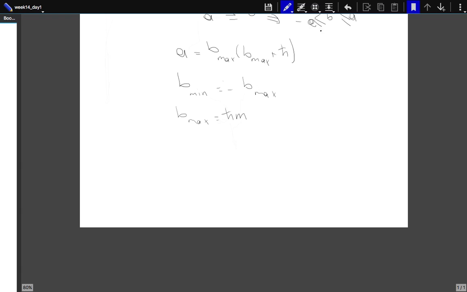B is h bar times m, B max is h bar times L, so m takes values between minus L and L, and A was h bar squared L times (L plus 1).